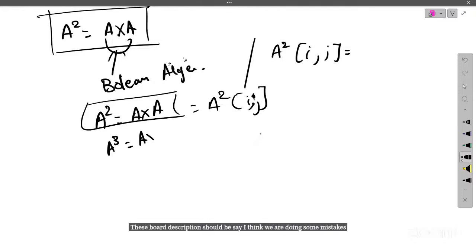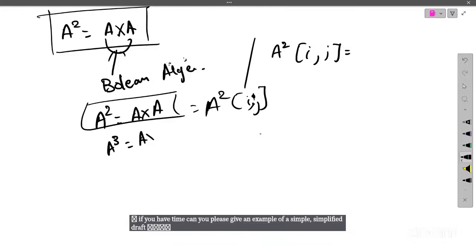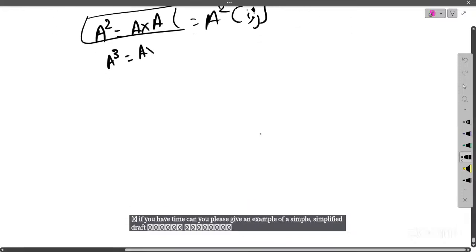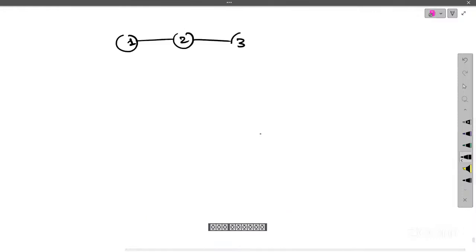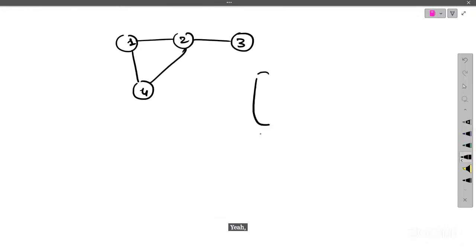If you have time, can you please give an example of a simplified graph and calculate A first and then A square? Okay, so let's see. Just very simple, not some typical graph. Yeah, so 1 is connected to 2 and 4. So 0, 1, 0, 1.